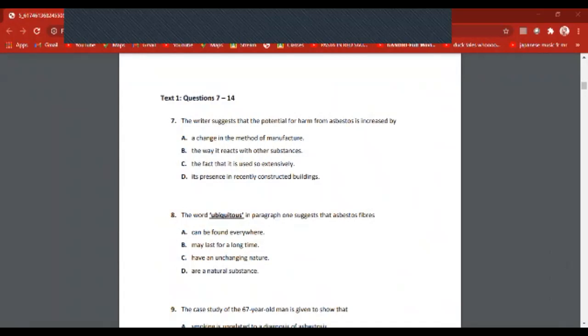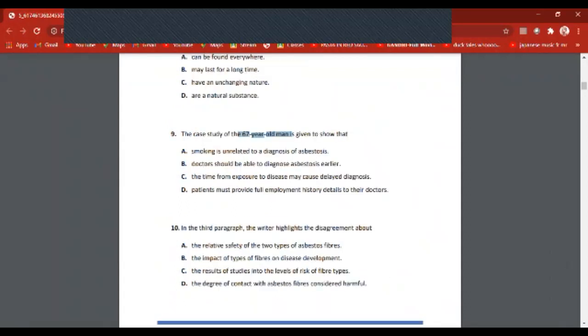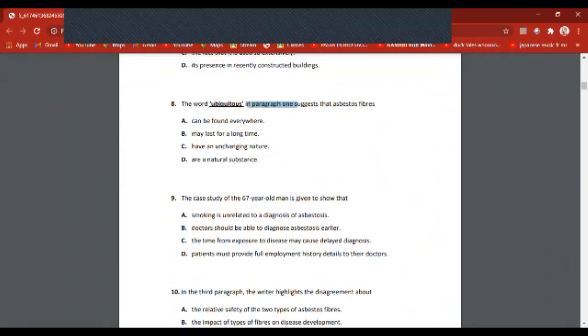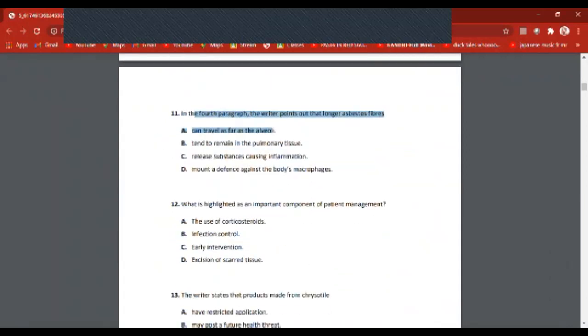It says in paragraph 1 here, case study of 67-year-old man. So this 67-year-old man is going to be the keyword. You will be finding which paragraph it is on based on the information here. For example, here third paragraph, or paragraph 1, or 67-year-old man, or fourth paragraph, or here component of patient management.